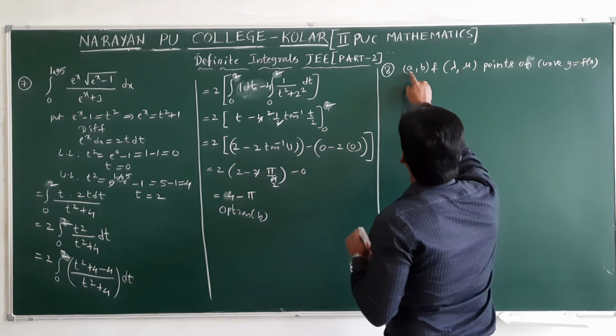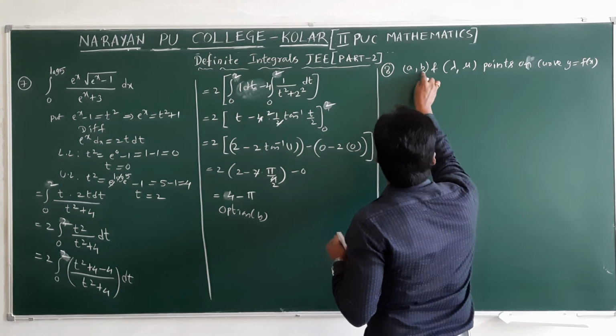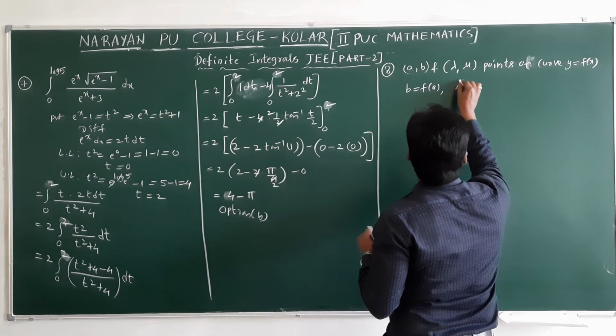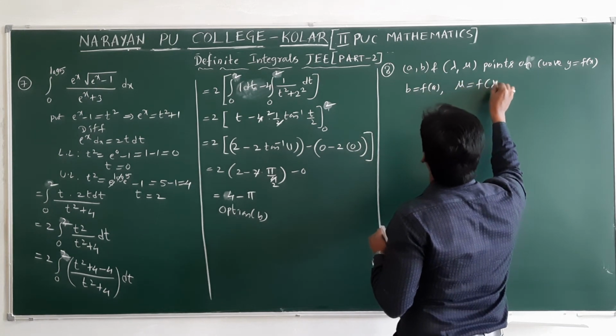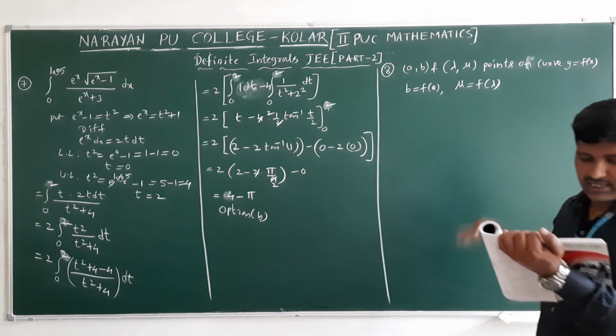That means if you substitute x value a in that, what is the y value here? b. That means b equals f of a. Similarly, mu equals f of lambda. Substituting the point's x and y in the place of x and y, you will get that value.